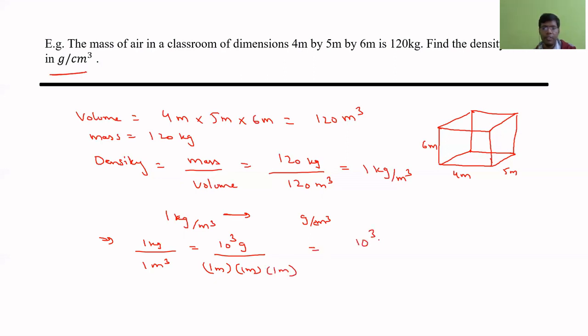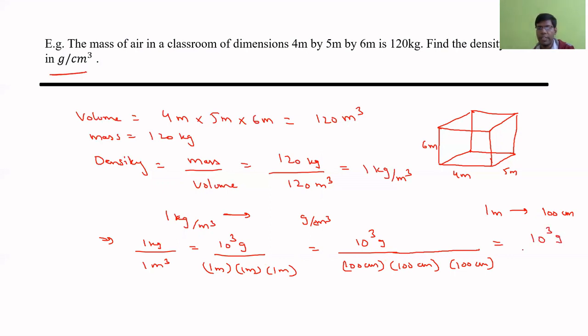So this is 10 power 3 grams by, 1 meter is equal to 100 centimeters. A 1 meter scale in your home will have 100 centimeters divisions. So this will be 100 centimeter multiplied with 100 centimeter multiplied with 100 centimeter. So if you go ahead, you will get 10 power 3 gram per 10 power 6 centimeter cube.